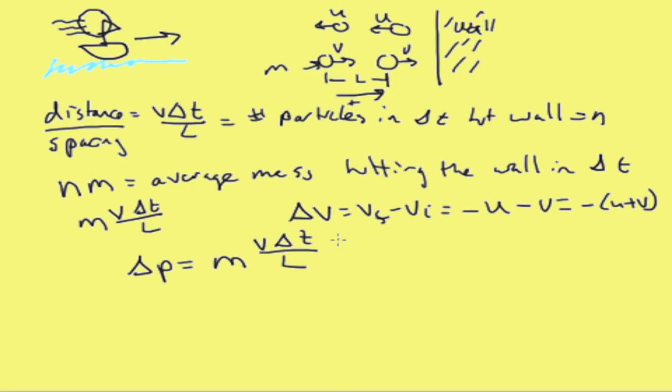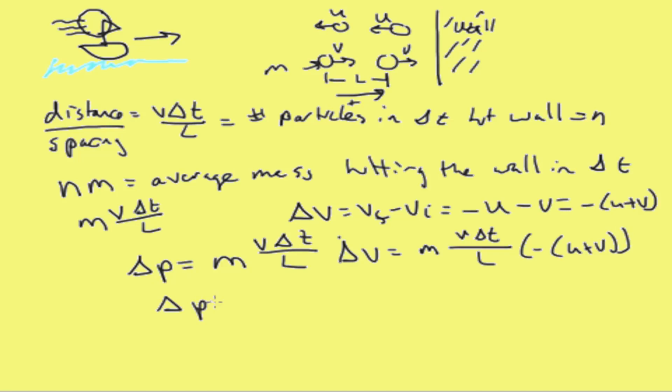And now we multiply this by delta v, which will give us m v delta t all over L times negative u minus v. So our delta p is equal to minus m v delta t over L times u plus v. Now to get the average force, we divide our change in momentum by our change in time.